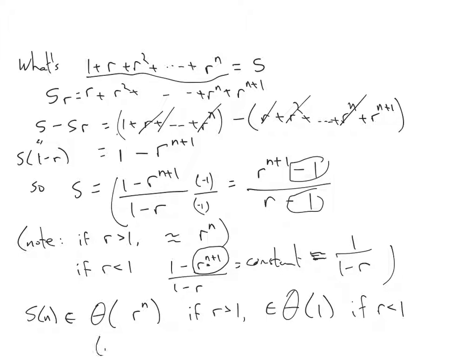And of course, if r equals 1, some perverse person might say that, if r equals 1, then this is 1, 1, 1, 1, 1, and it just adds up to theta of n. So you just have n ones added up. Okay, so let's add this up in a different way.